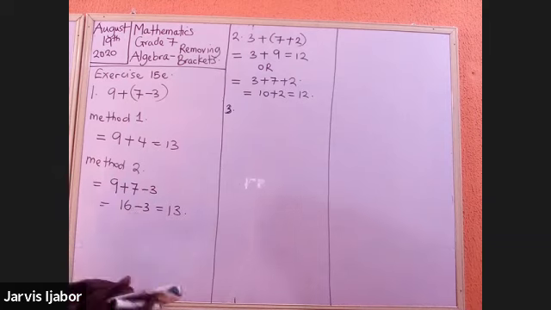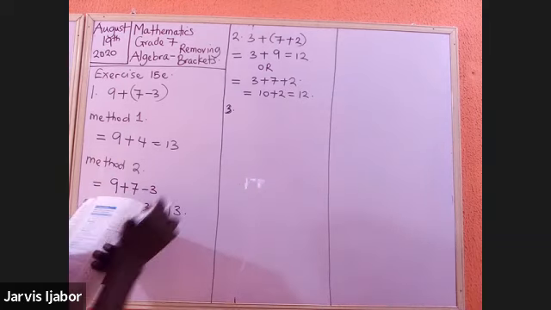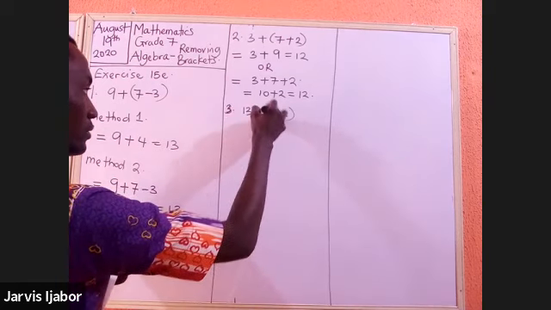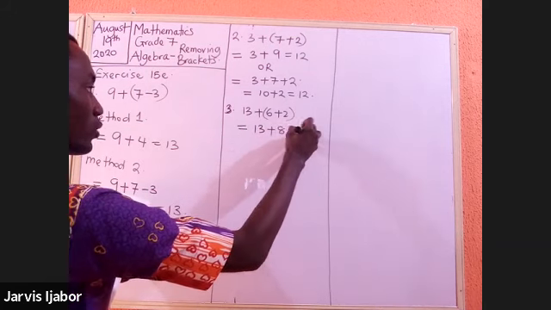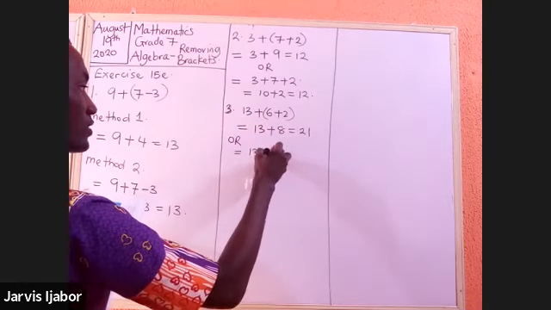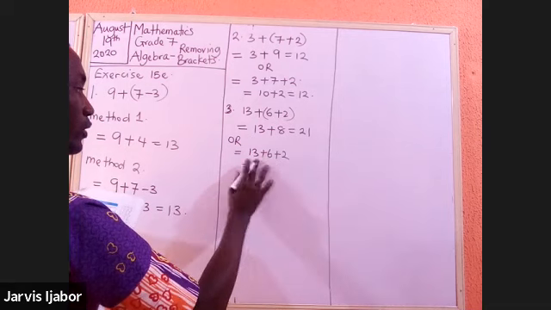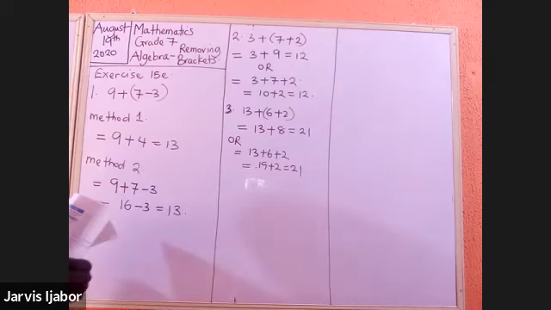Now for question 3, we have 13 plus, bracket, 6 plus 2. That will give you 13 plus 8, which will be 21, or 13 plus 6 plus 2, which will be equal to 19 plus 2, and that is 21. You discover that the answer will be the same.